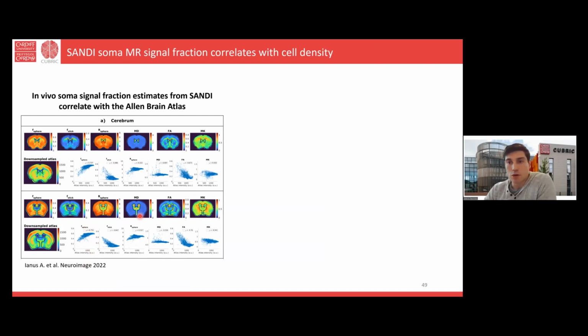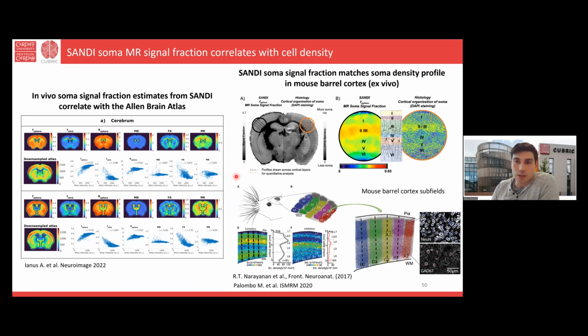And a more thorough validation in ex vivo is ongoing work, where we tried to focus on the barrel cortex, where there is a clear organization of the cell bodies with a clear layering.